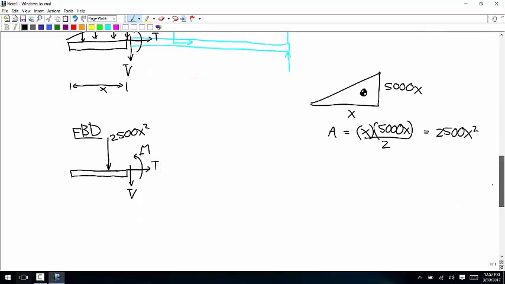And what's the distance? We know that this whole thing has a length of x. So this distance is 2x over 3, and this is x. Any questions yet? Yeah, 2/3 x.